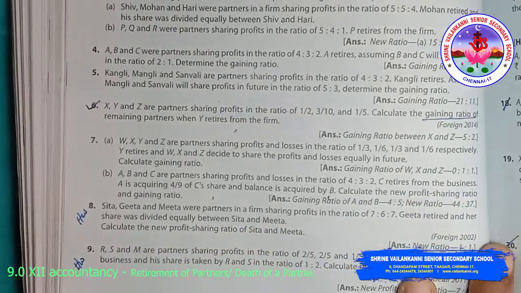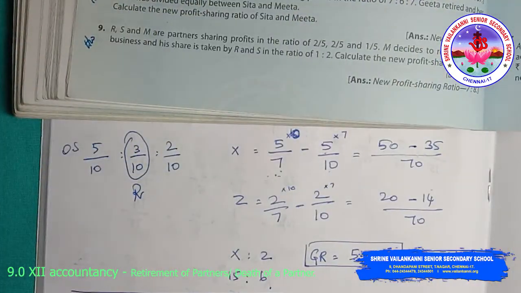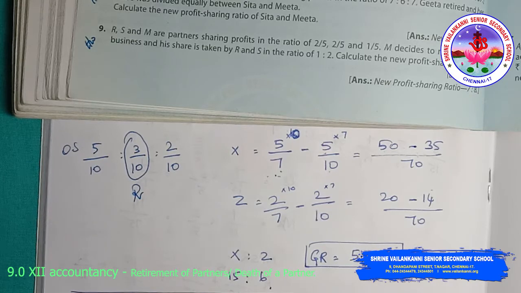So how to calculate this? I'm writing 7B. First, the old ratio among A, B and C is 4:3:2. What is C's profit share?